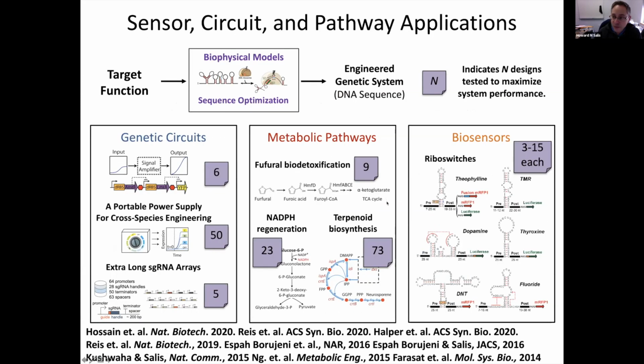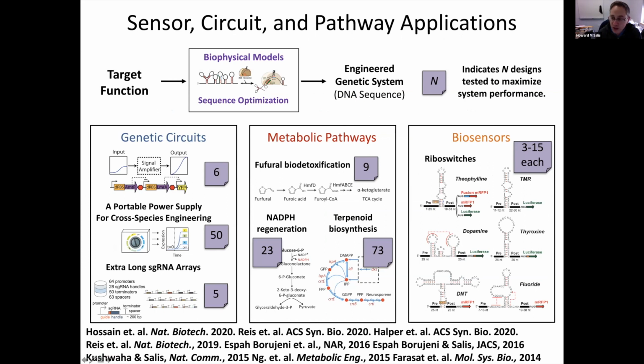And so my lab has two aspects to it. We develop these models, make them universally available, but then we also apply them to engineer systems with specific applications. We've engineered portable power supplies for cross-species engineering, extra long sRNA arrays to reprogram metabolism.